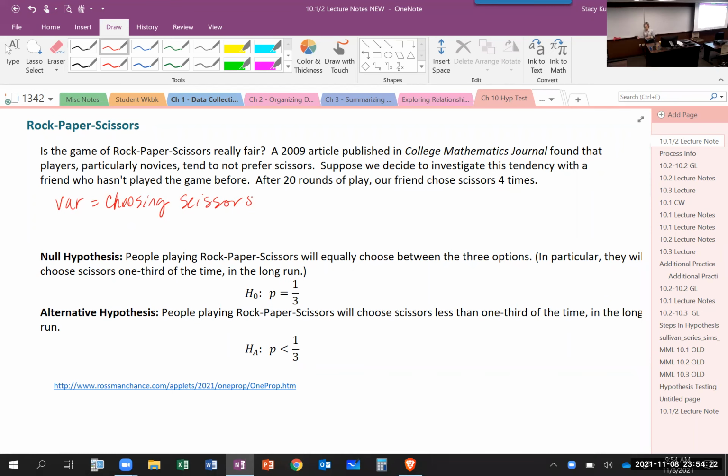The question is whether or not it's fair, and people tend to not prefer scissors, so we're going to focus in on scissors.